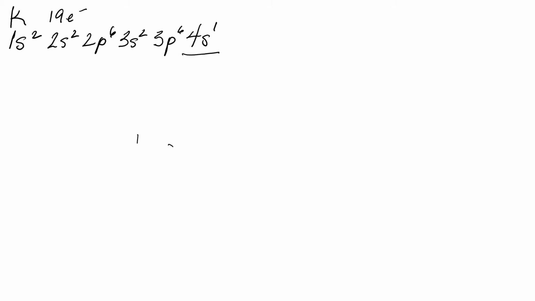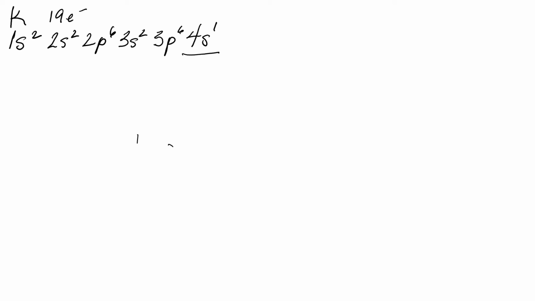It is the valence electron. Valence electrons occupy the highest n level. So there's 1 valence electron for potassium, and in fact there's only 1 valence electron for any element that is in group 1A. They all have 1 valence electron. What distinguishes them from one another is the principal energy level.